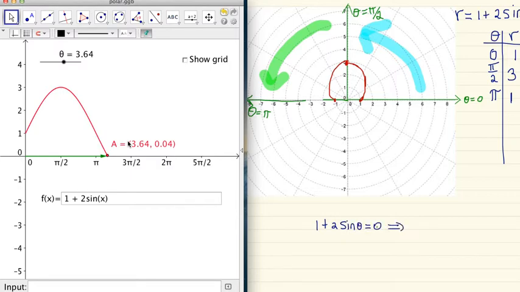That means sine theta is minus a half. And there's actually two angles that give me a sine equal to minus a half. One is in quadrant 3 and one is in quadrant 4. Right now we're looking at quadrant 3, and that angle would be 7 pi over 6. But later we'll need the other one, which is 11 pi over 6.